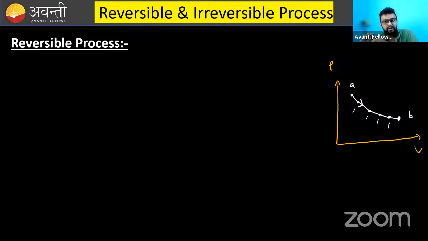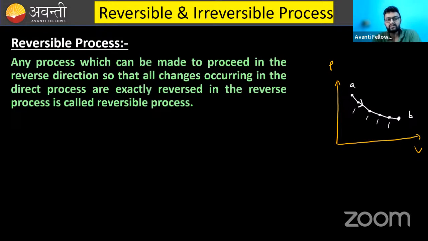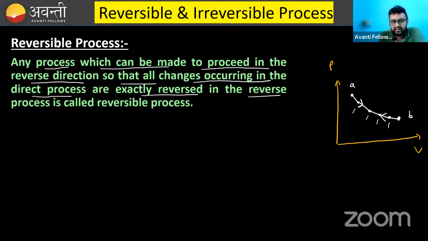I think this point is clear now. So if I talk in terms of definition, what is a reversible process? Any process which can be made to proceed in the reverse direction, so that all changes occurring in the direct process are exactly reversed in the reverse process, is called a reversible process.